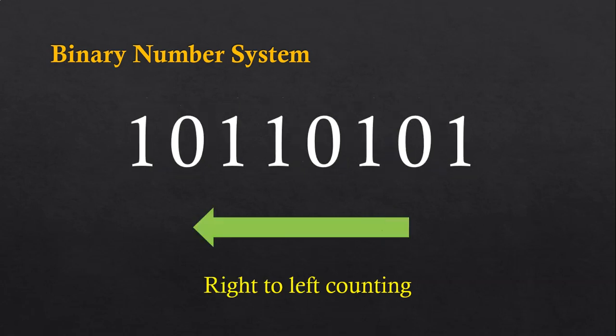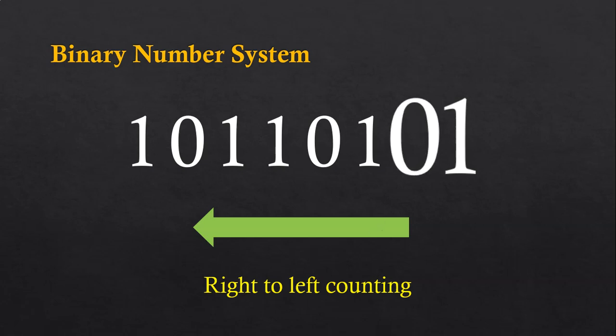Now if we want to count the same thing from right to left, then the counting style is different. This is LSB, then this is second LSB.